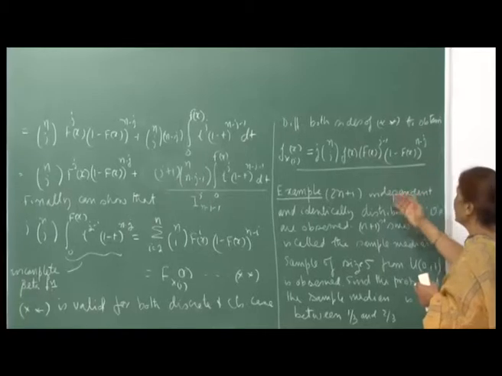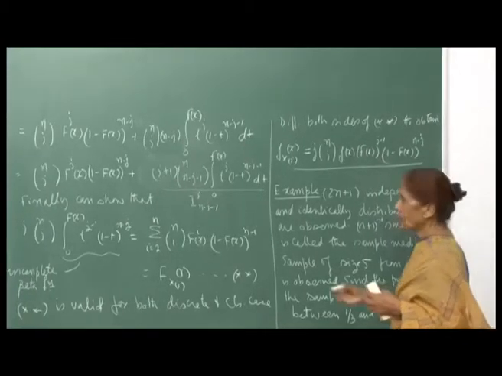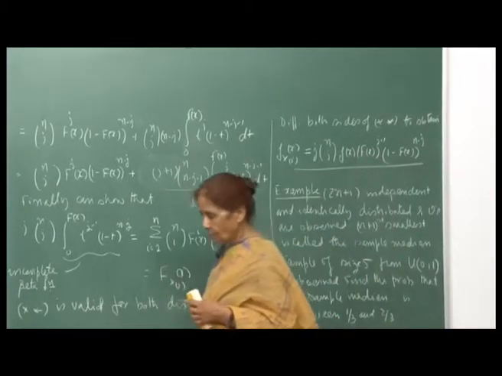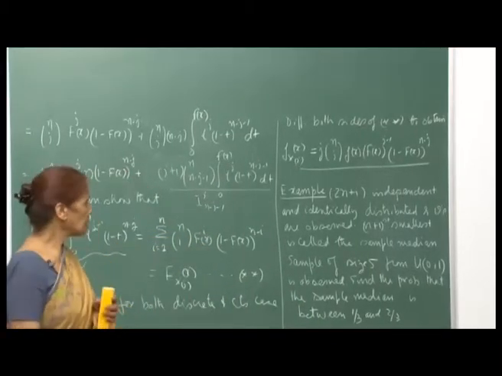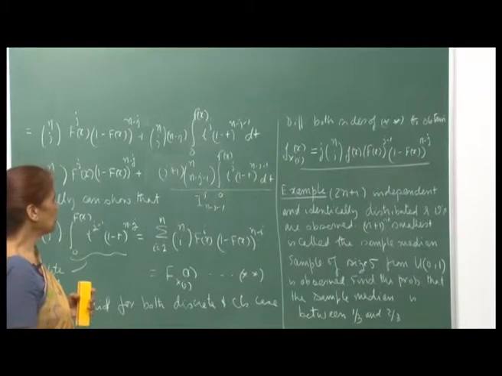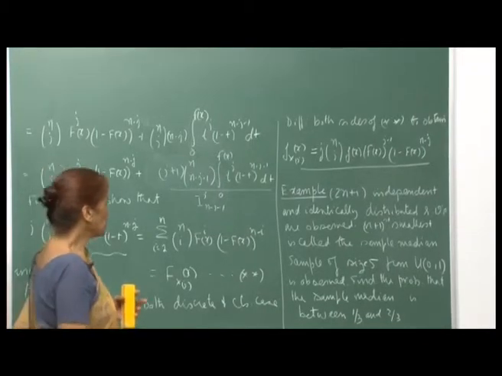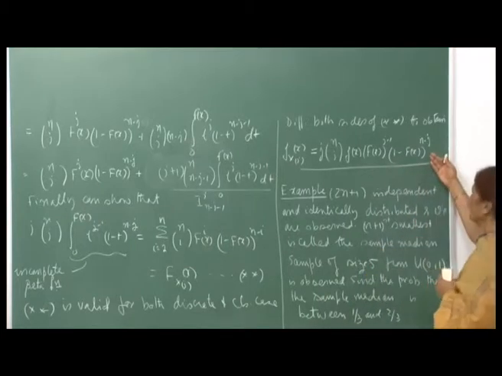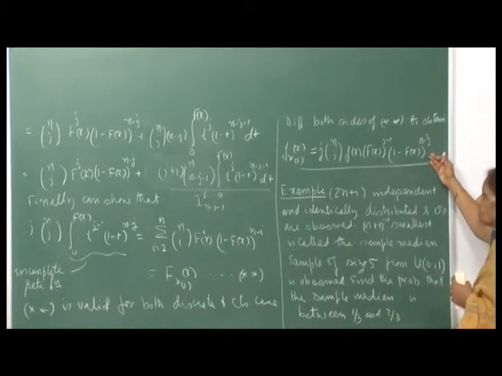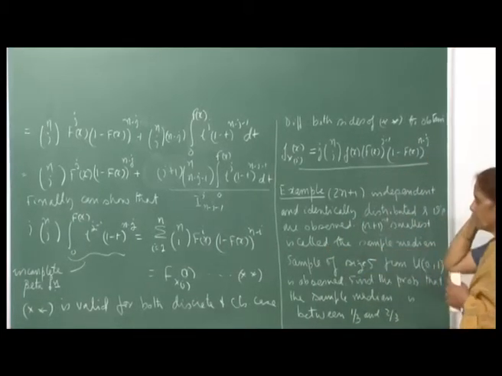For special cases, say for example, when your sample values are from a uniform distribution, or maybe from a normal distribution, we will see through examples, then it is easier to get this explicit expression for your CDF and for your PDF.